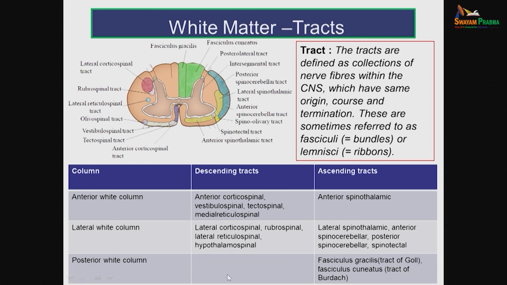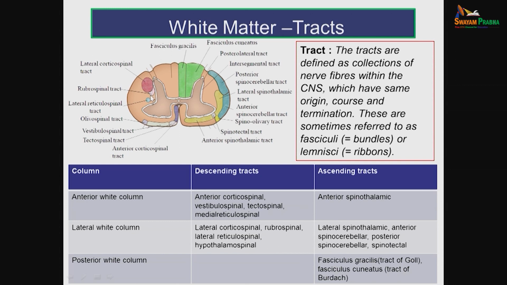This table summarizes the various ascending and descending tracts present in the white matter. Looking at the descending tracts, in the posterior white column there is no descending tract. In the lateral white column you have the lateral corticospinal tract, the important tract.